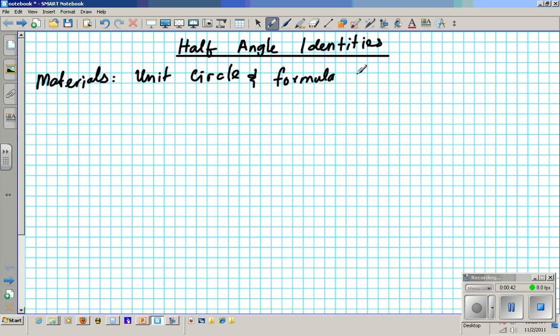All right, so let's write down the learning objective for this lesson. Learning objective.